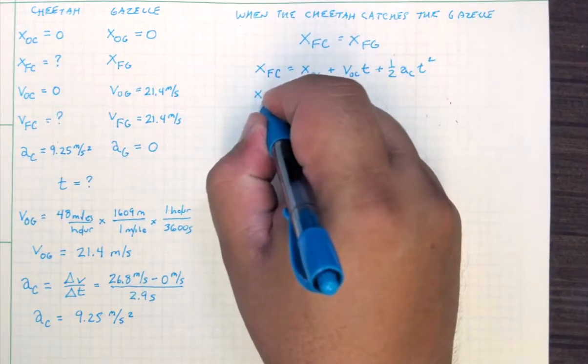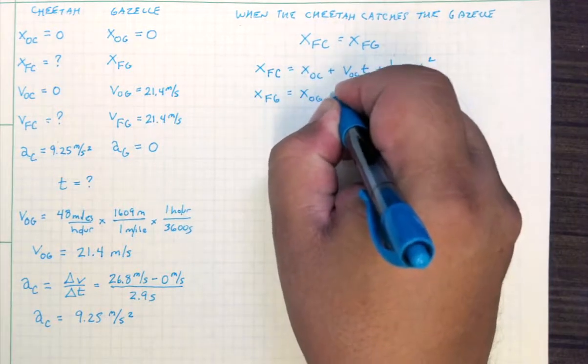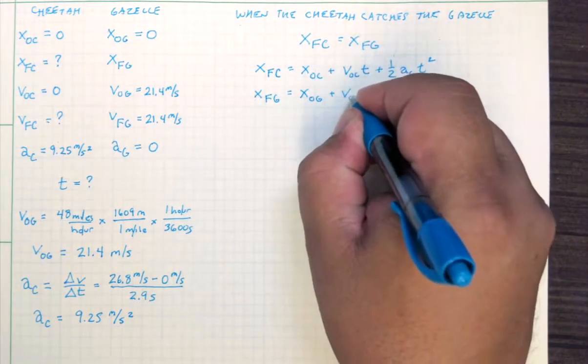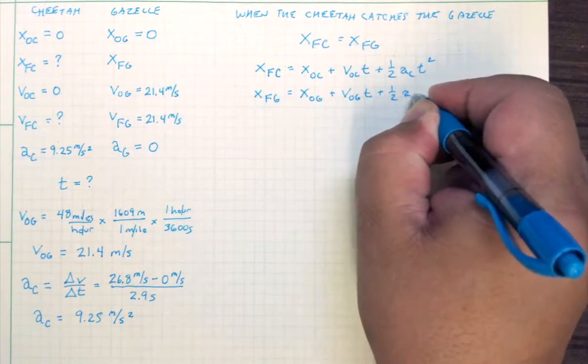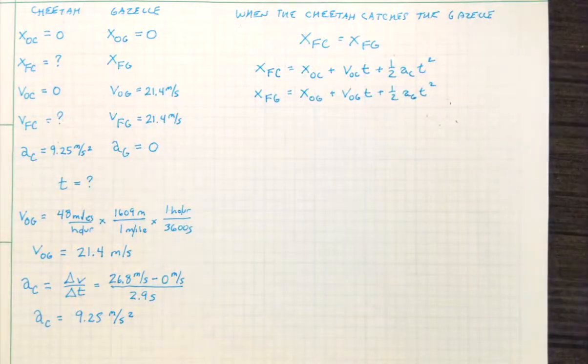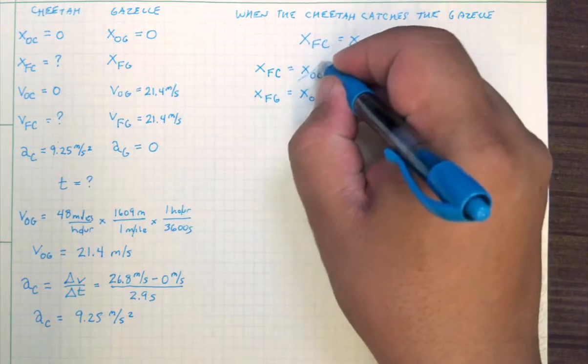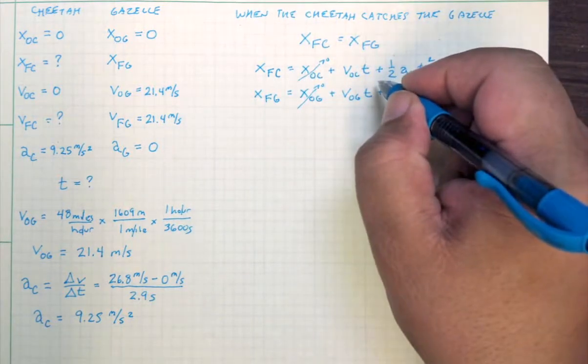We can create a similar equation for the gazelle with the gazelle's initial position, the gazelle's initial velocity, and the gazelle's acceleration. Now, these equations become simple very quickly because so many of these quantities are 0.